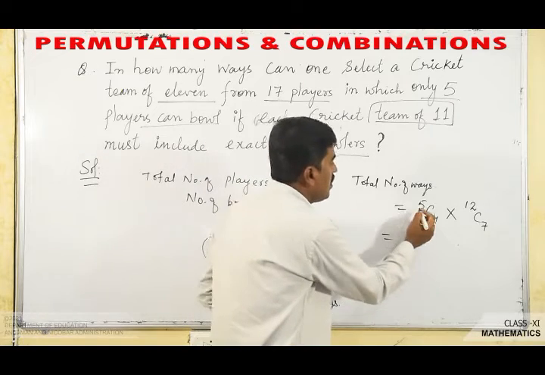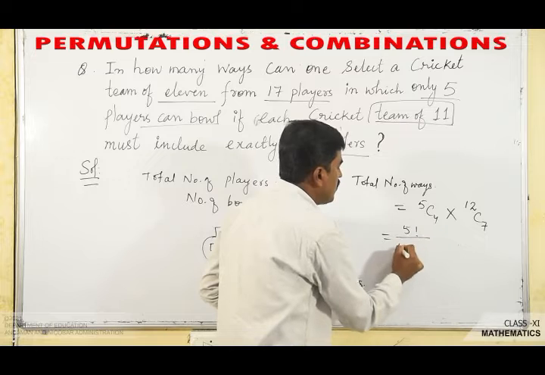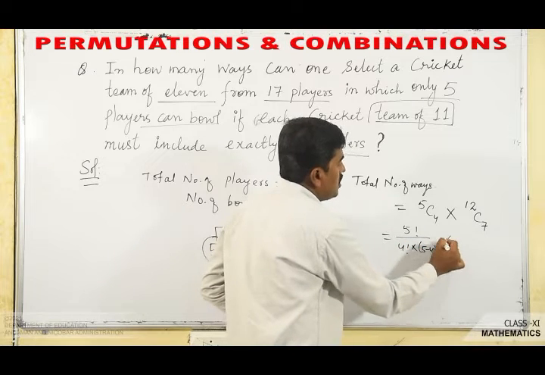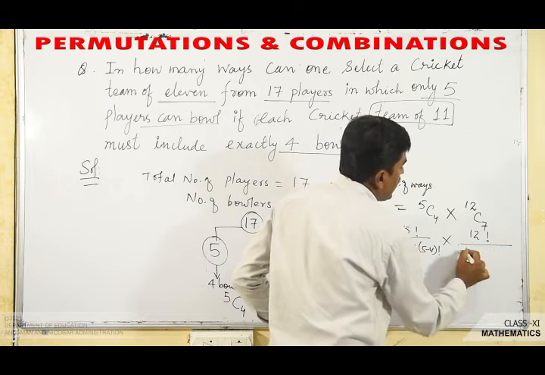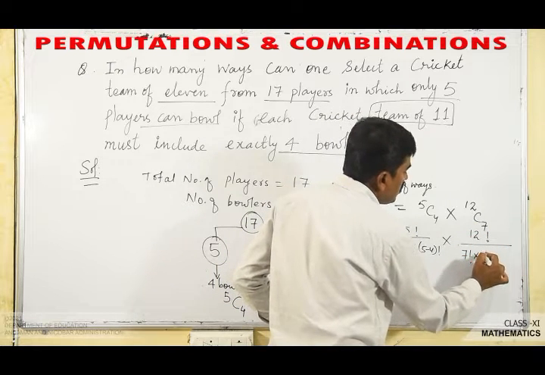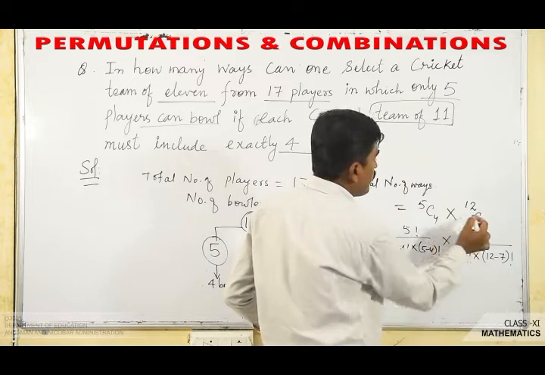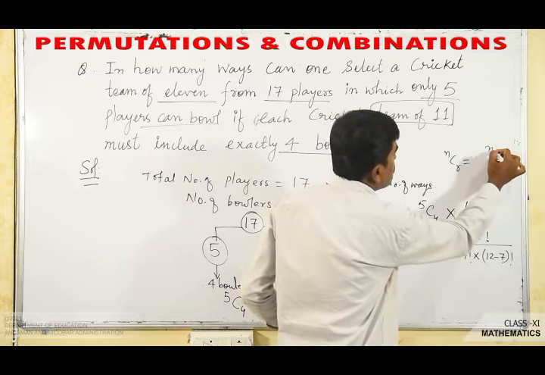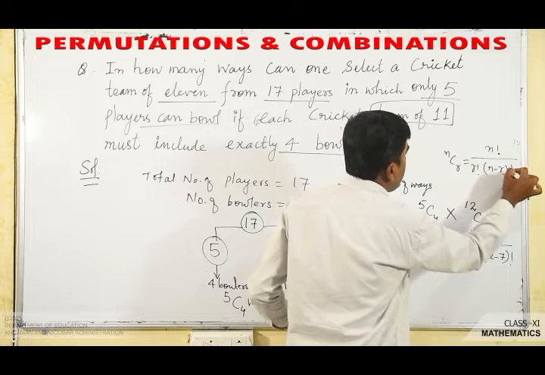It is very simple. What is the value of 5C4? It is 5 factorial divided by 4 factorial into 5 minus 4 whole factorial, into 12C7, which is 12 factorial divided by 7 factorial into 12 minus 7 whole factorial. What is the formula for nCr? Here we are using the formula nCr equals n factorial divided by r factorial into n minus r whole factorial.